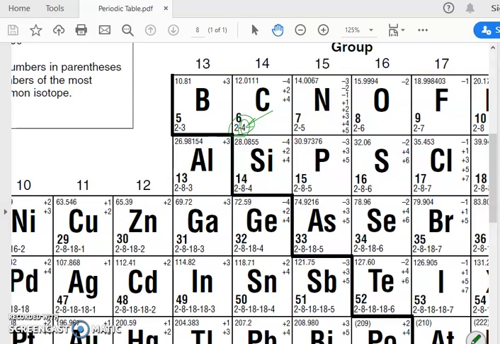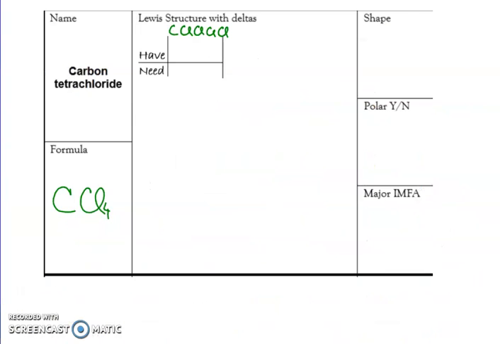Chlorine, its electron configuration is 2-8-7. It's going to have 7 valence electrons. So carbon has 4 valence electrons with which to work. Chlorine has 7 valence electrons, and those are going to be used for our bonding. Okay, so carbon, I said, has 4. Each chlorine has 7. And now we need to consider.